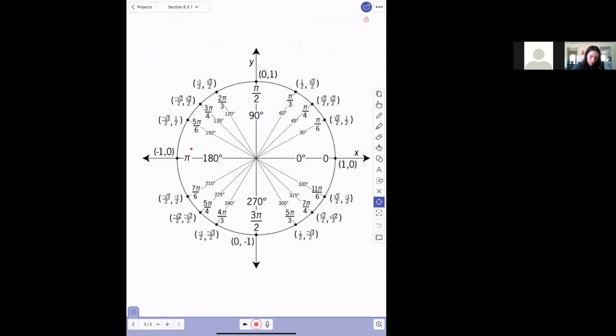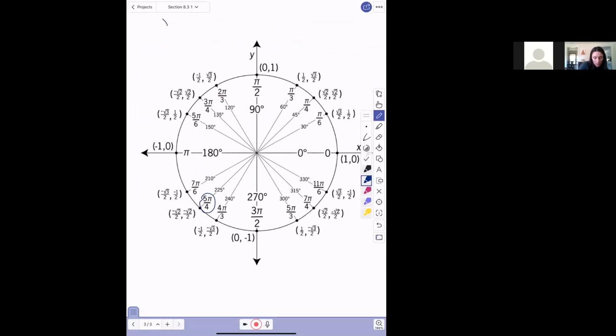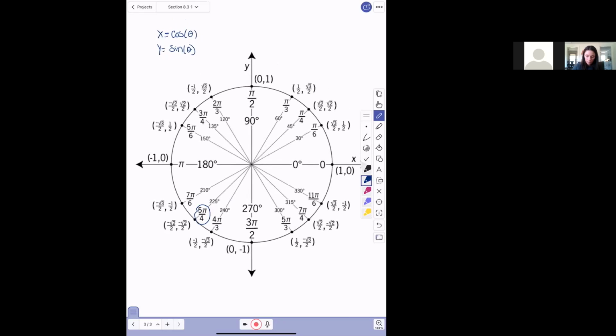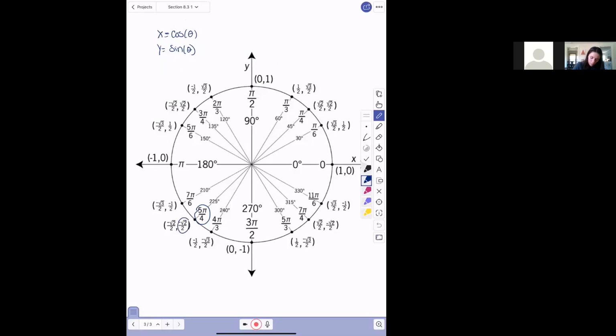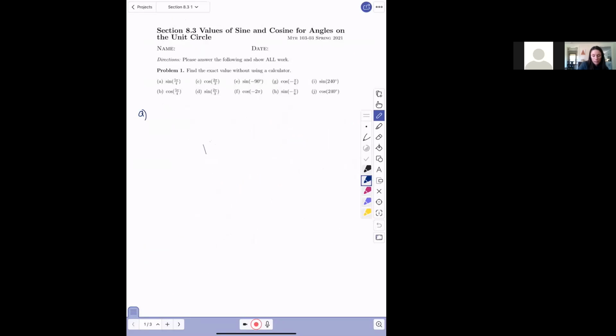I'm looking for 5 pi over 4, it's here. I will circle it. Remember, x equals cosine theta, y equals sine theta. We're looking for the sine, so that's the y value, which is negative radical 2 over 2. So this answer is just negative radical 2 over 2.